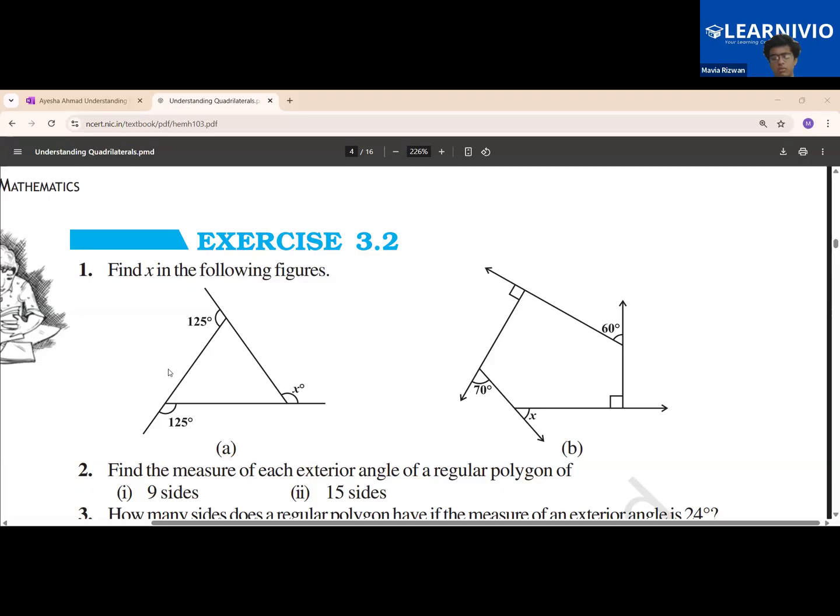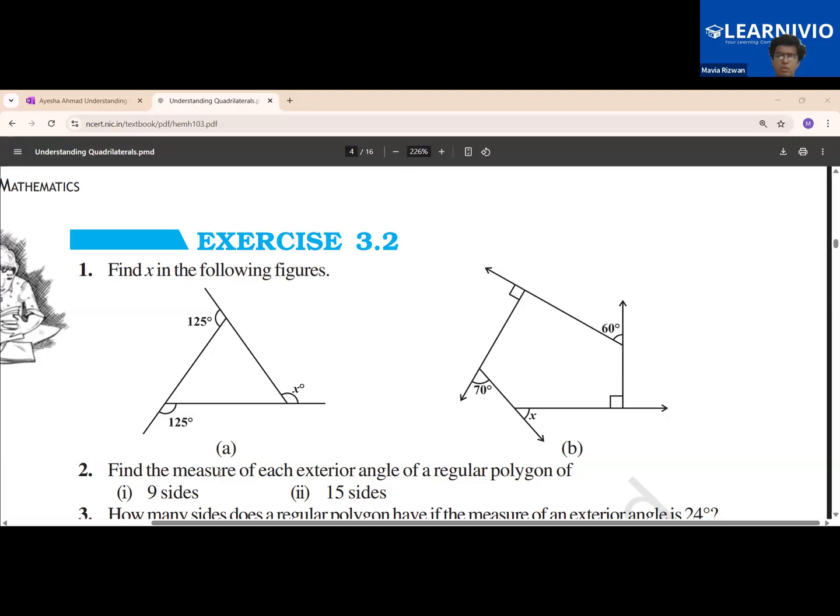Sir, I got 110 degrees for the first one. And the second one? Try the second part, the B part. The first one, 110 degrees, is correct.